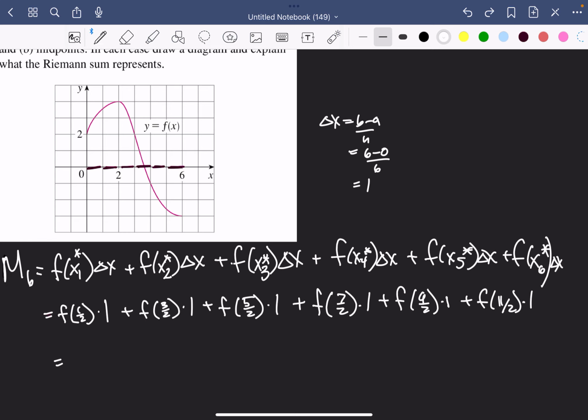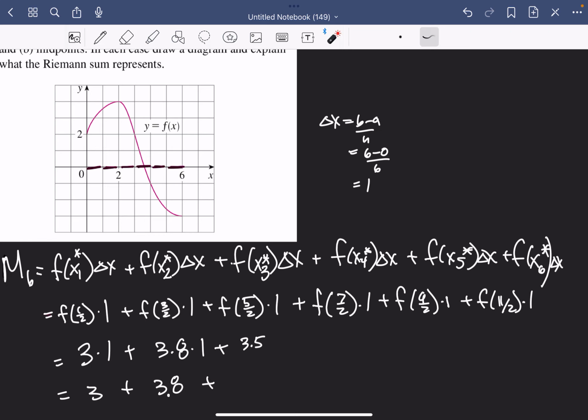Well, f at 1/2 is 3. F at 3/2 turns out to be 3.8. F at 5/2 ends up being 3.5. Just to make sure we're clear where that came from, where did 3 come from? If you look inside of the first interval and you look at the midpoint of 1/2 and go up, its height is 3.